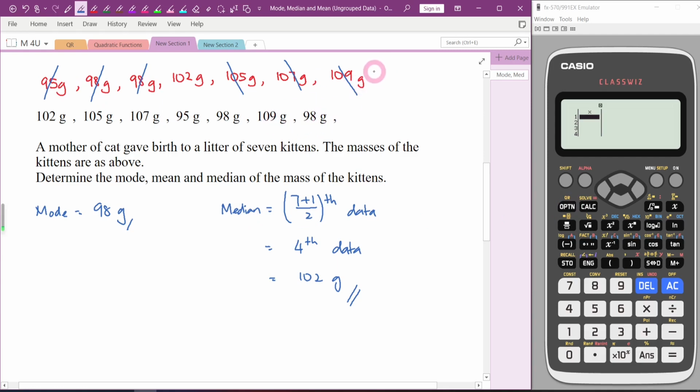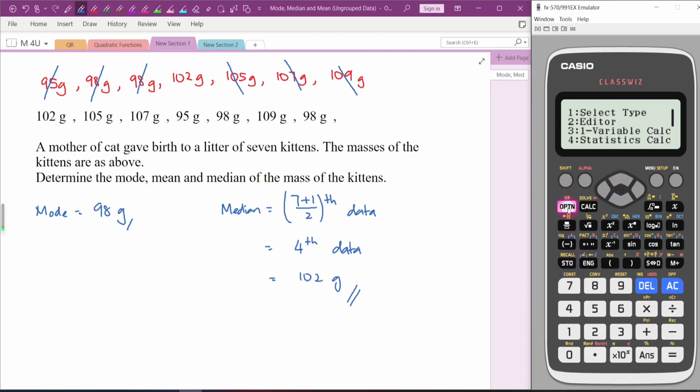Both will actually give you the same answer. 102, 105, 107, 95, 98 2 times, 109. Oh, sorry. I have keyed in 2 times of 98. Let me rekey in again this one. 98, 98, 98, 109. Okay, correct.